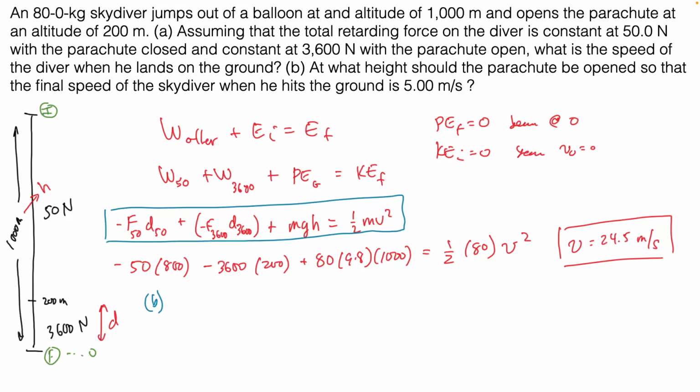So, what we now don't know is where this point happens to be. So, we have this unknown d, don't we? So how do we know what this part is?